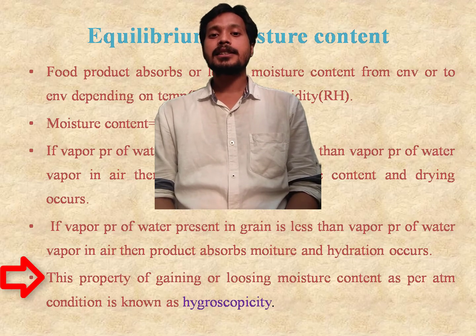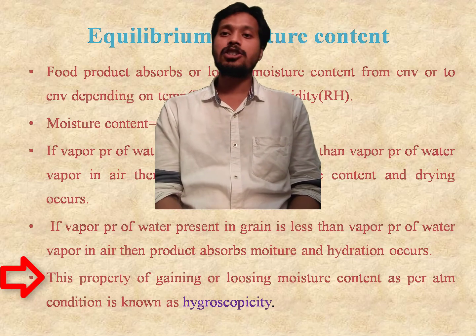So in a single line, if we want to define equilibrium moisture content, it's nothing but the moisture content of the product at which the vapor pressure of water in grain equals the vapor pressure of water vapor in air. If these two become equal, then the moisture content of the product is known as equilibrium moisture content.